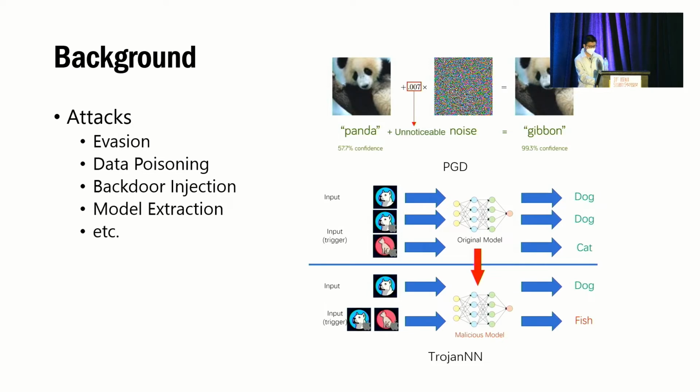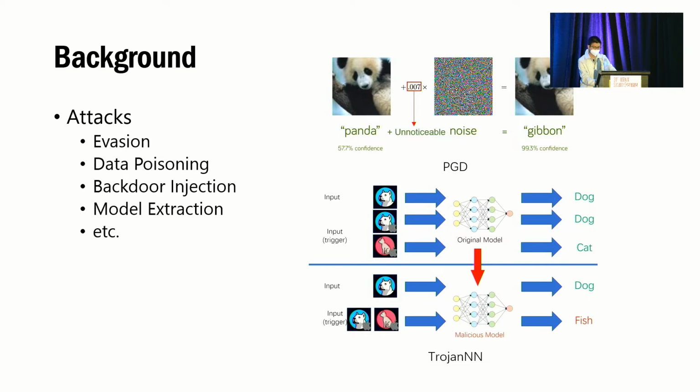So after AutoML, let's go to the neural network attacks. There are several types of neural network attacks: evasion, data poisoning, backdoor injection, model extraction, and so on. Among all the attacks, the most famous one might be the PGD attack, which refers to projected gradient descent.